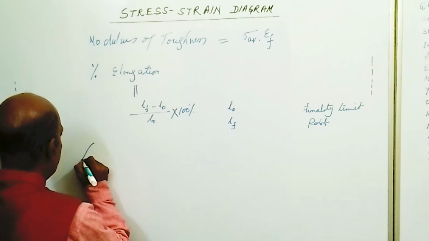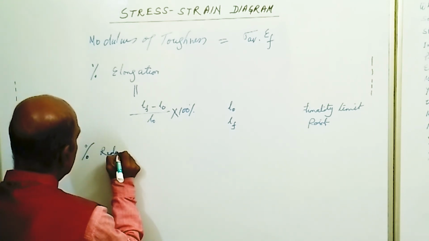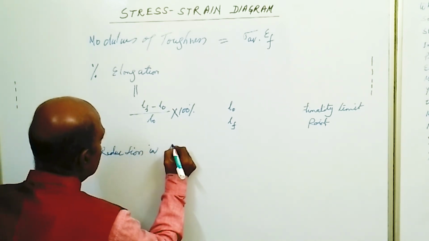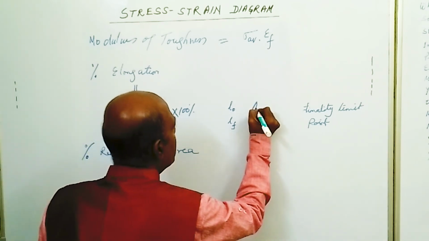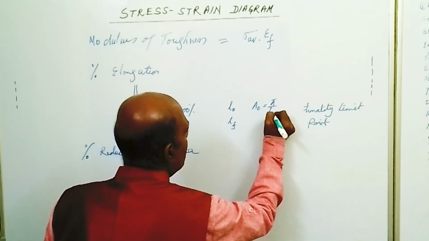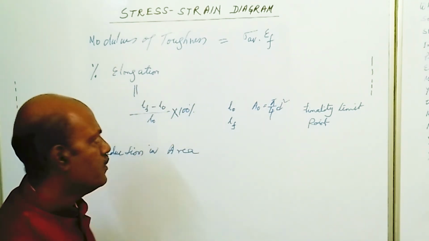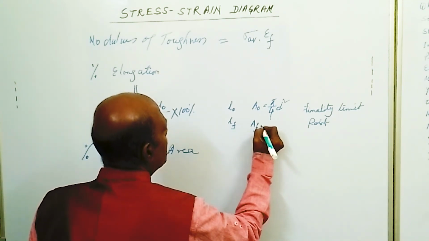Similarly, percentage reduction in area. Say the original area of the specimen was A0, given by pi by 4 into d square, and say at the failure point the cross sectional area is AF.